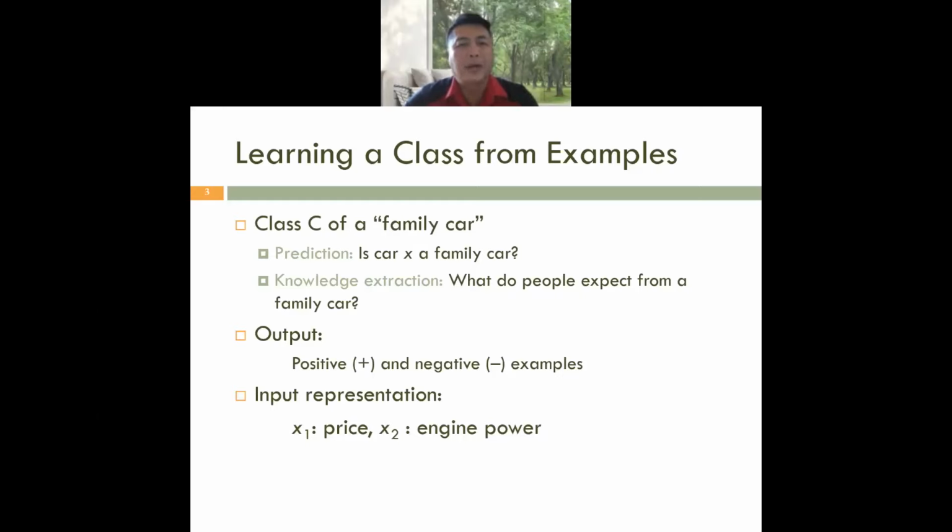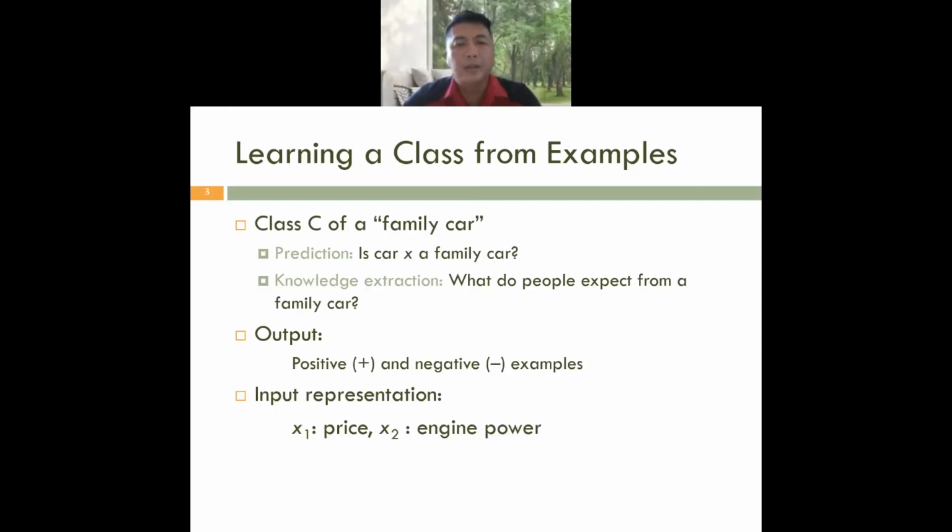What do people expect from a family car? We need a list of features or indicators that we can use to classify car X as a family car. The output would be positive and negative, meaning that we are saying they belong to a family car as positive, and not a family car as negative.